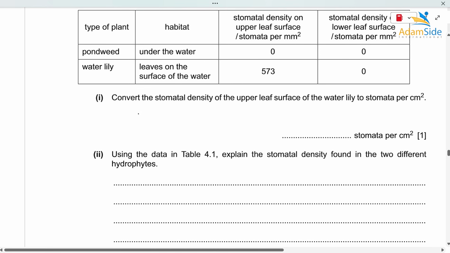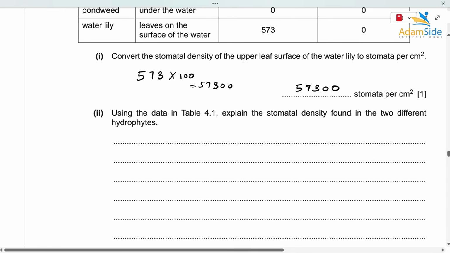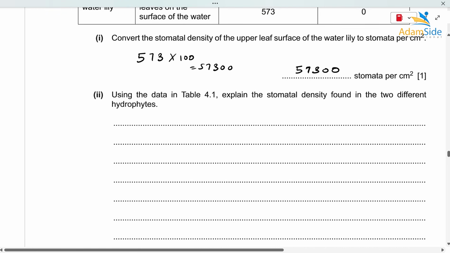So to convert it, we take the 573 per millimeter squared and multiply it by 100 to get per centimeter squared. When we multiply it, we'll get 57300. All right, so the stomata per centimeter squared will be 57300.